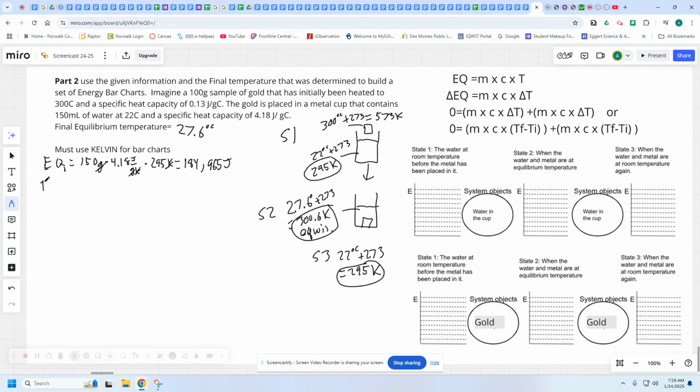Now let's go on and do state 2. 150 grams again, this is a repeat. Got the specific heat capacity. But what's different now about state 2 is the temperature. The water has warmed up because the gold has been placed in it and transferred energy from the gold to the water. And we calculated previously that the water and the gold at equilibrium are at 300.6 degrees Kelvin.